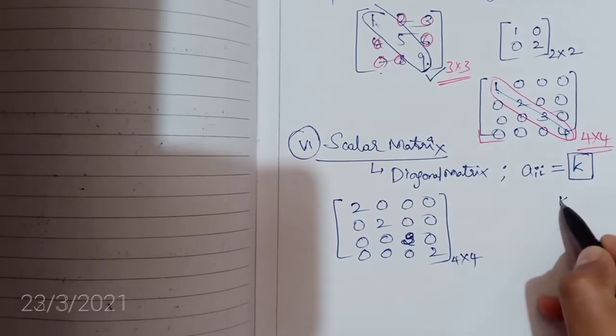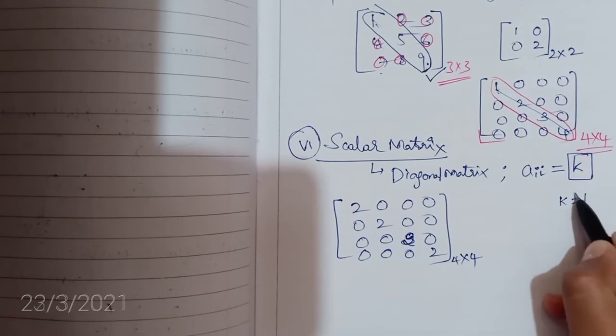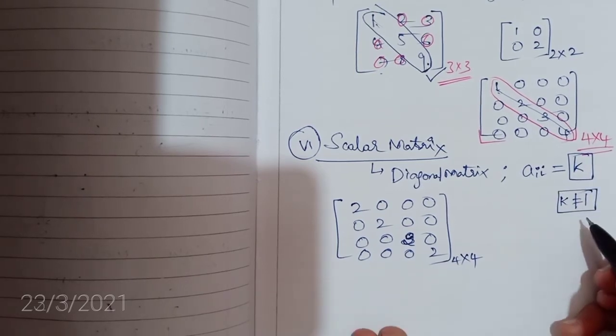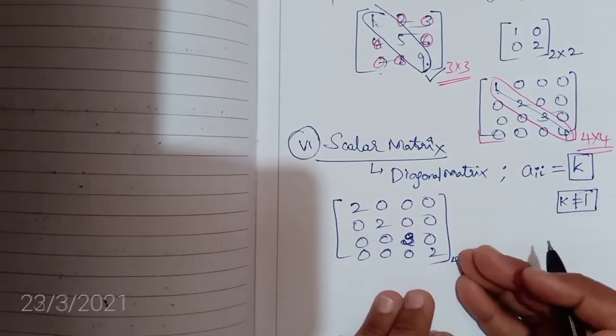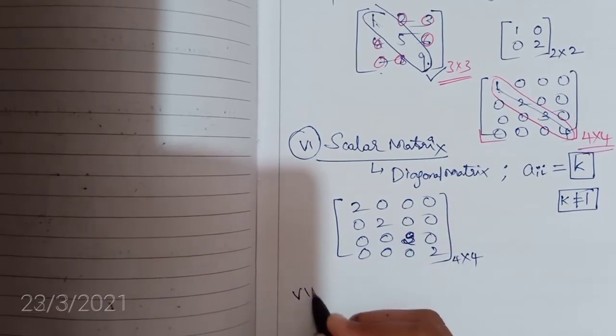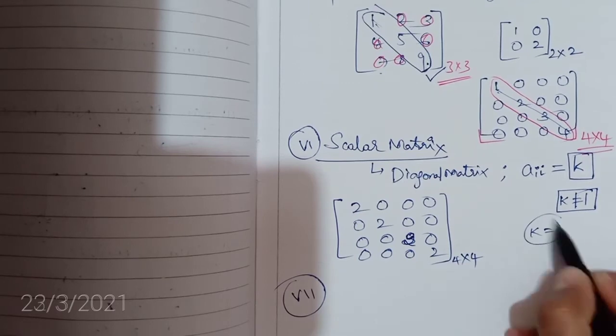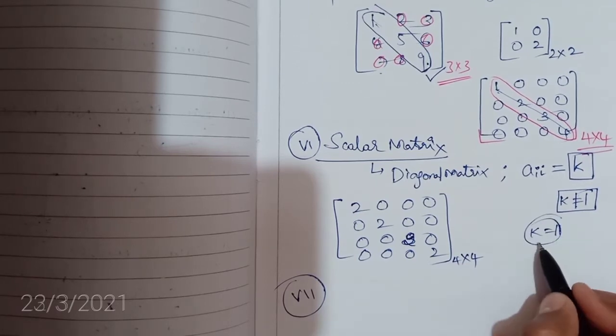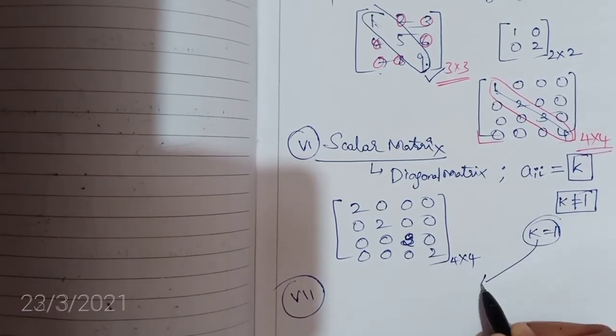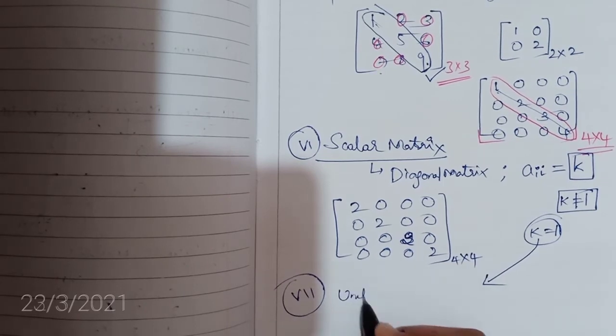In that, you do not consider k equal to 1, because you will come to know in the next definition that a scalar matrix in which the diagonal elements are equal to 1 is known as a unit matrix.